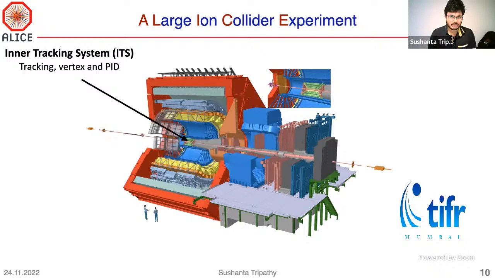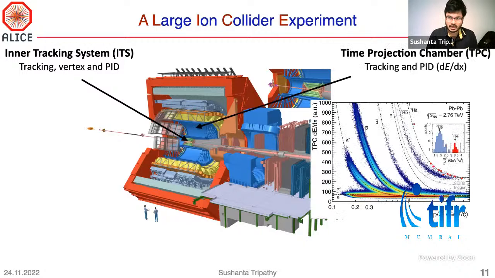Then I will briefly highlight the detectors which were used for the results I will show in my next slides. The first one is the tracking system, the ITS, which is used for tracking and identification of the primary vertex, and in some cases also for particle identification. Then we have the time projection chamber, which is a key detector for tracking and particle identification.